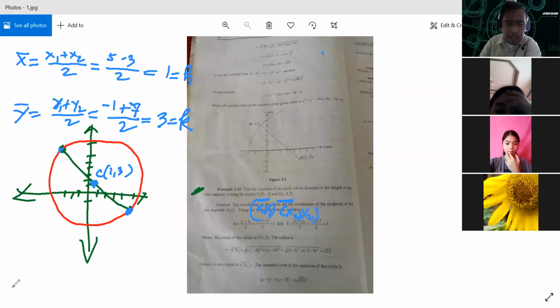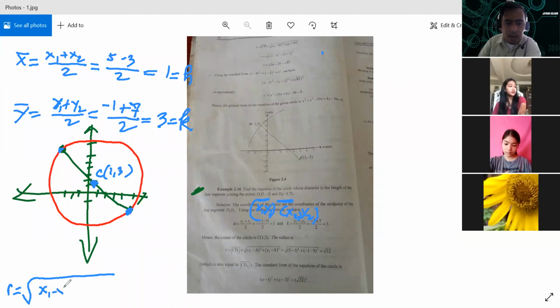The distance formula is given by r or d, but we will just use r since we are looking for the radius. It is equal to the square root of x sub 1 minus x sub 2 squared, then plus your y sub 1 minus your y sub 2 squared, right? Maybe you are wondering which h and k to use. You directly use the values of the center. Anyway, you can use any notation that you want.